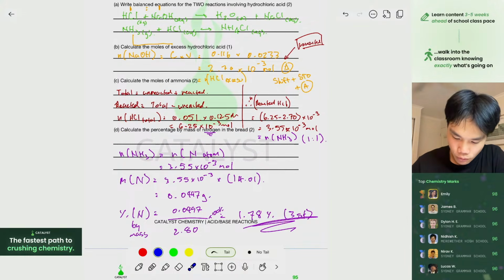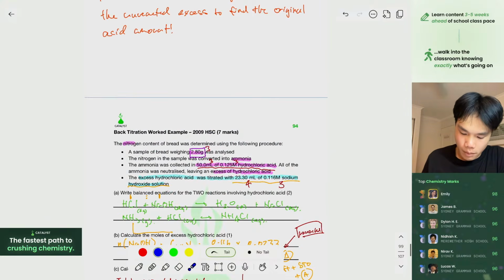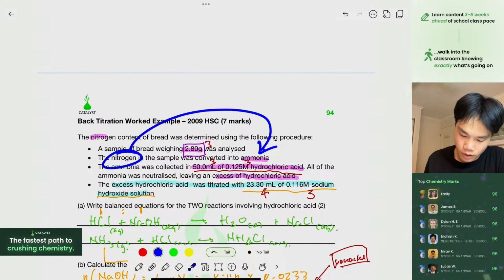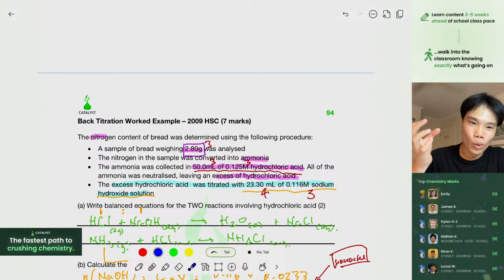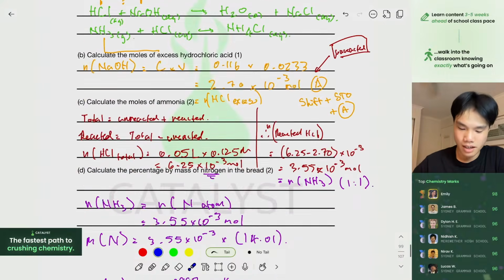First, from the information you had, you know how much ammonia was formed. Because all of the nitrogen in the sample is turned into ammonia, and ammonia has one nitrogen per molecule, all of the nitrogen is now in ammonia form. So it's a 1-to-1 conversion: the moles of nitrogen is the same as the moles of ammonia. That's the first thing we do.